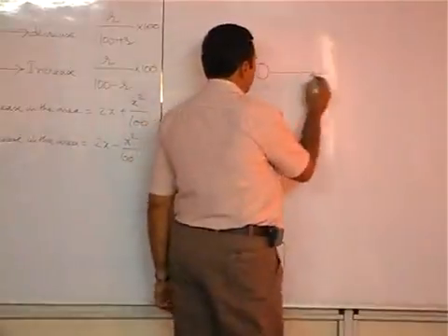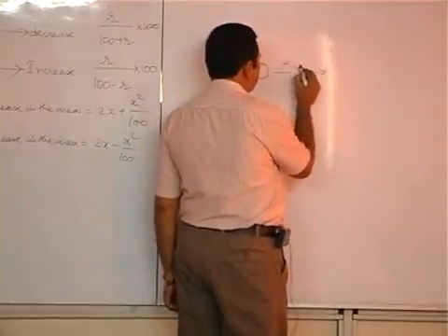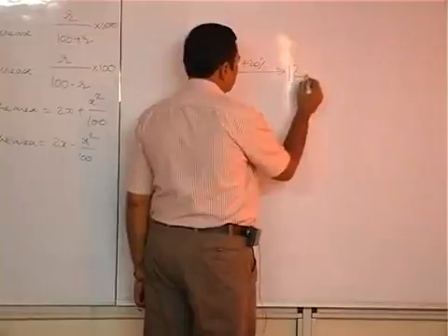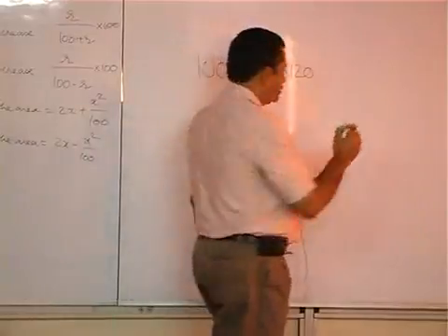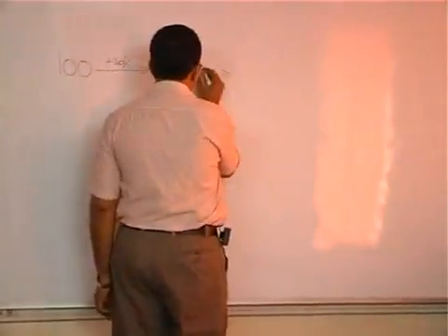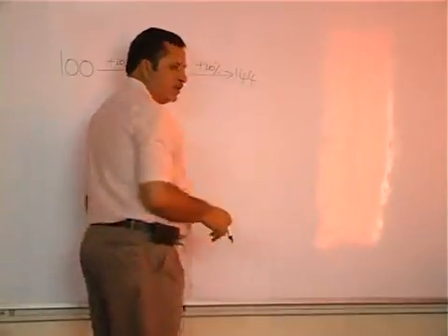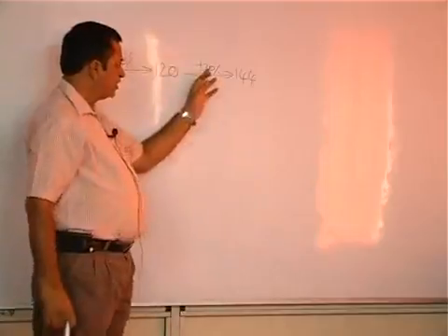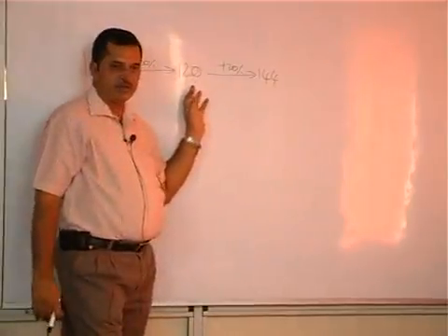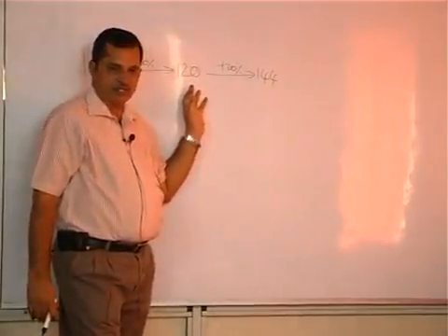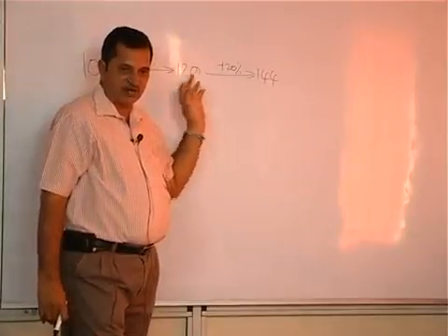First year 20% increased means how much it becomes? 120. Second year again 20% increased means how much? Now the 20% increase will be on 120. In 120, 10% is 12 and 20% is 24.